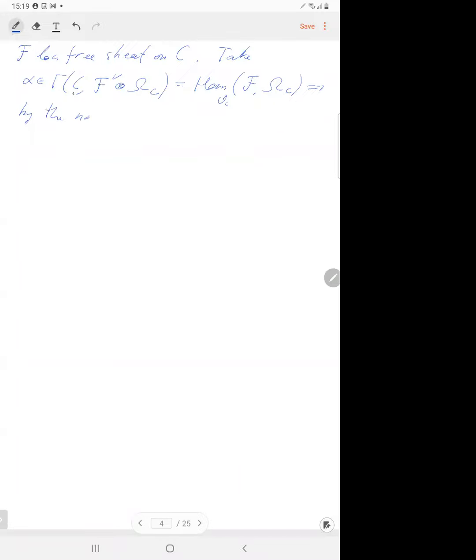So by the naturality of H1, we get a morphism from H1, the first cohomology of F, to the first cohomology of the dualizing sheaf, that is canonically equal to the ground field. Let's denote this morphism by the first cohomology of alpha.